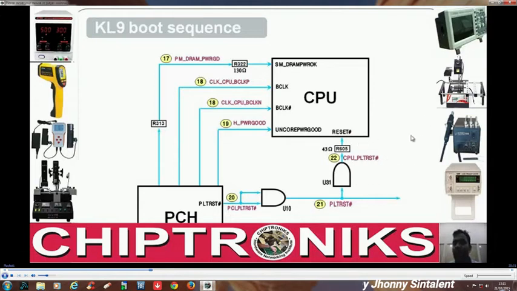The final point of hard start is CPU_PLT_RESET, that is, the processor gets its reset. And what is the start? Start is when VIN or DC BAT out. That is the start of hard start. Okay, now we'll go into details and study each of these steps properly in great detail.